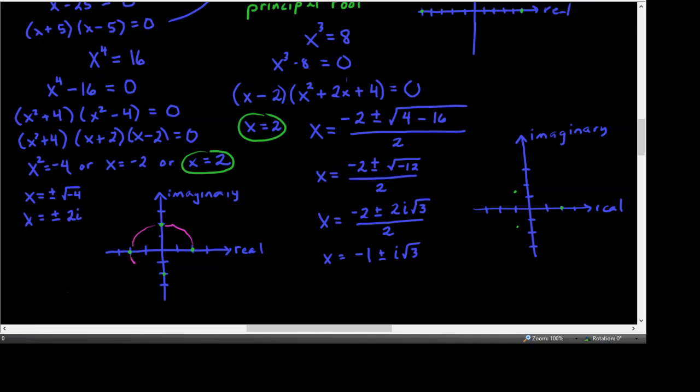If I were to draw a circle whose radius is the real number 2, then all of the answers for x to the fourth equals 16 are on that circle, and they're spaced evenly around that circle. In fact, this answer being at, say, 0 degrees, the next one's at 90. We're moving 90 degrees each time to get the next answer, right? Agree?